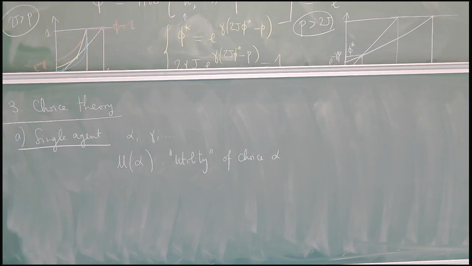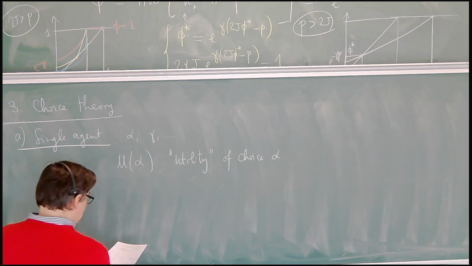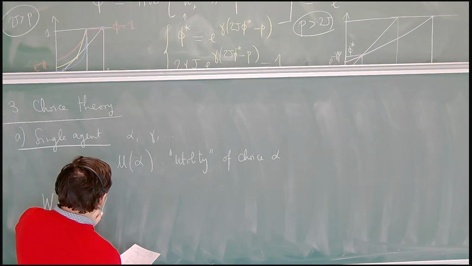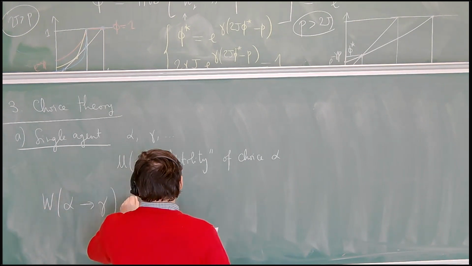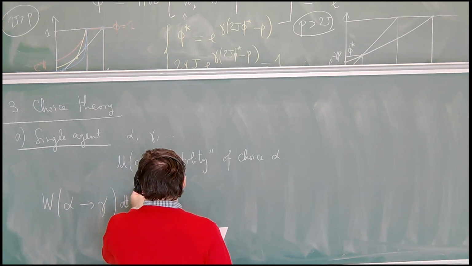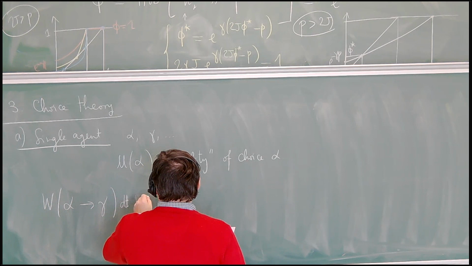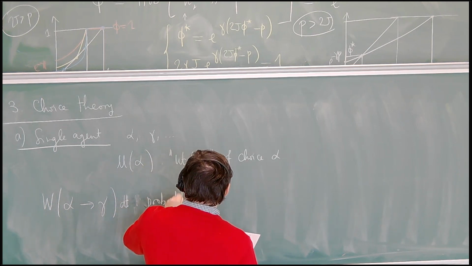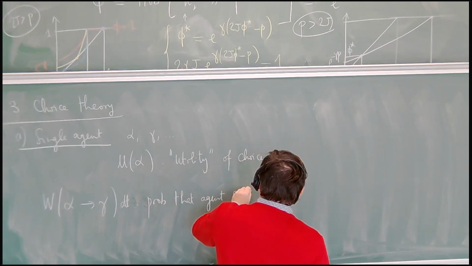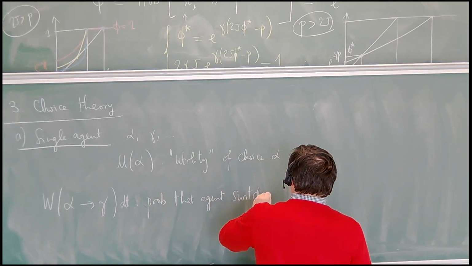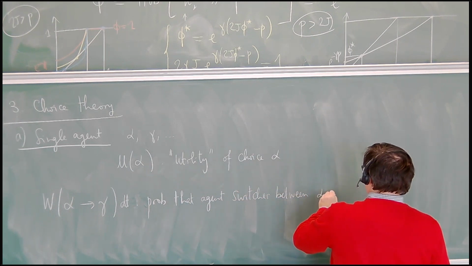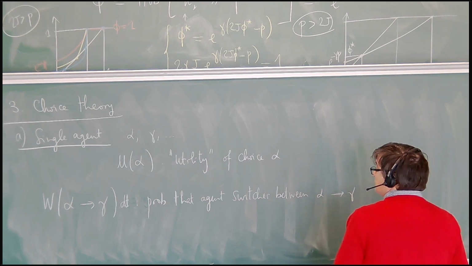And so what we're going to assume is that the probability W alpha to gamma times dt is the probability that the agent switches between alpha and gamma between t and t plus dt.